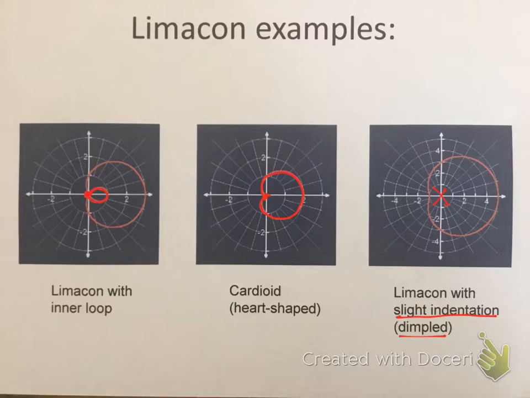You need to be familiar with 2 vocabulary words, the word bulk and the word wings. The bulk of a limaçon is the big part of it. In all these instances, it's in quadrants 1 and 4 in these particular examples.